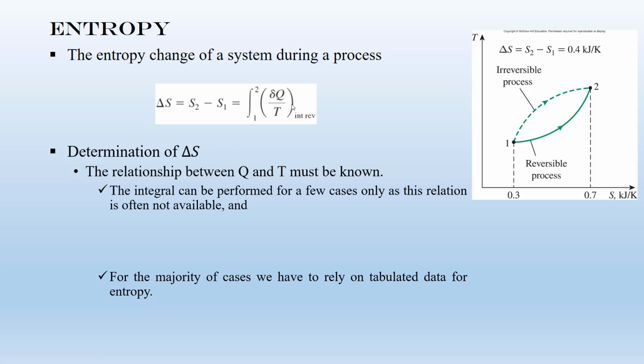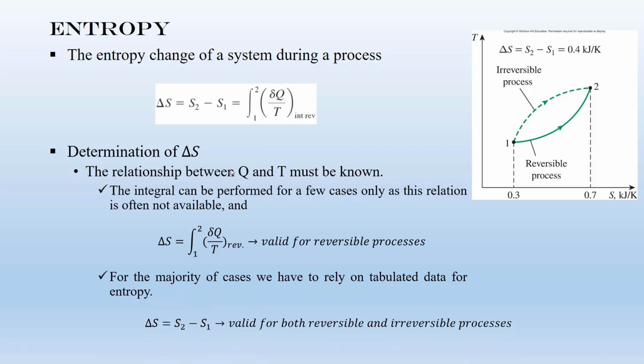But in most cases, you don't have this relationship between Q and T. The second method, you can use the tables. If you have the property tables, you can just find S2 and S1, and then you can find the delta S. So today you learn two different methods to calculate the delta S. The first one is from this equation for the internally reversible process.